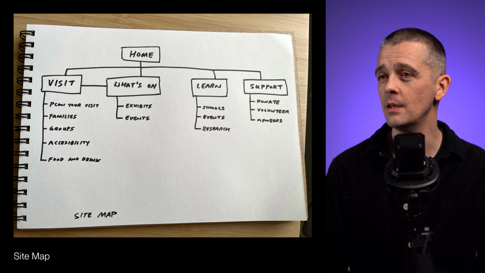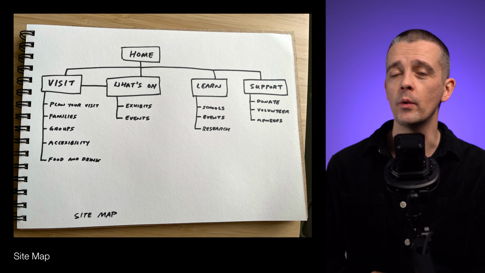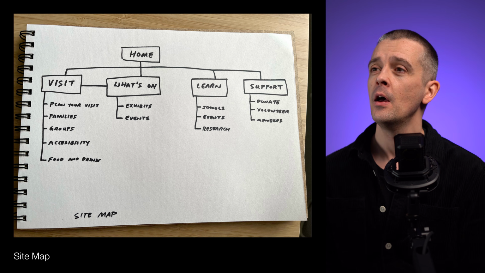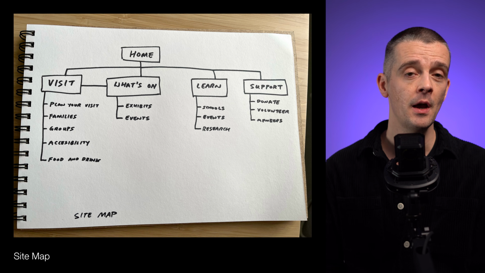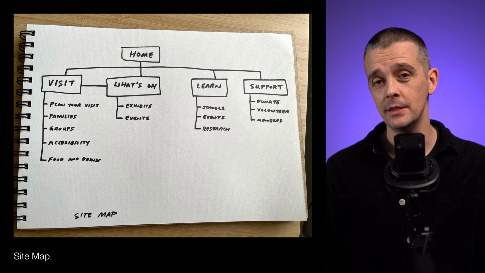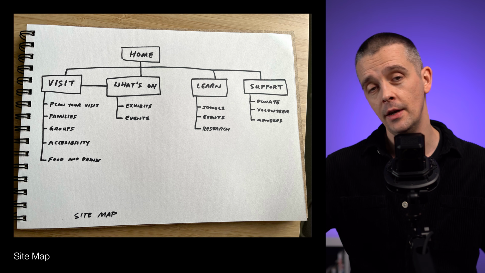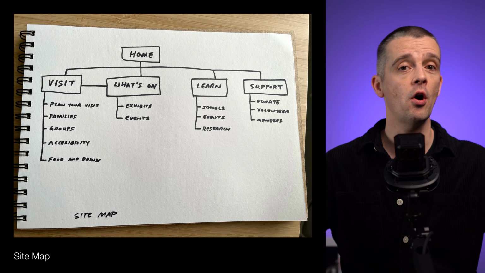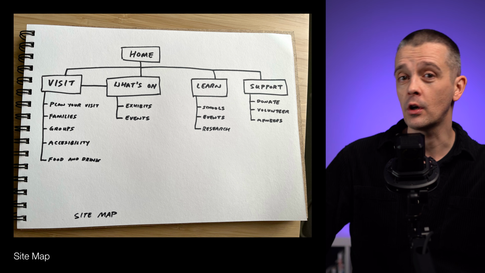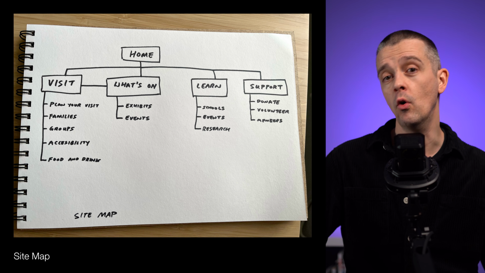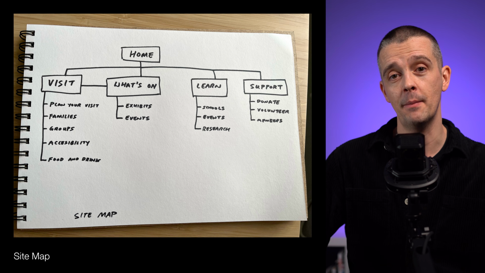To organize this information, first of all, we would want to do a sitemap. So this would be a case of taking the information, perhaps it's an existing website that you're redesigning, perhaps you've just been sent a Word document, a Google Doc that's just full of the text, or a few emails exchanged, or a conversation with the client or boss about the pages that might be on the website.